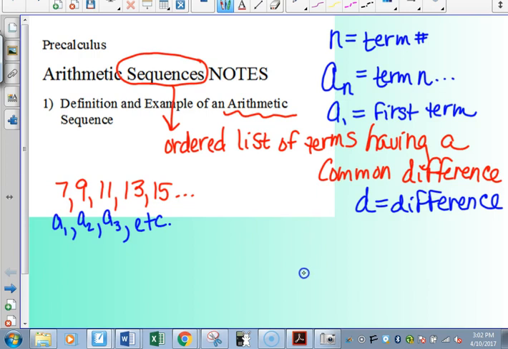All right, before I go on and talk about the two kinds of ways you can write an arithmetic sequence, there's one more bit of notation you need to understand. If A sub n is a term that's called n, what would A sub n minus 1 mean? The one before it. It means the previous term, okay?